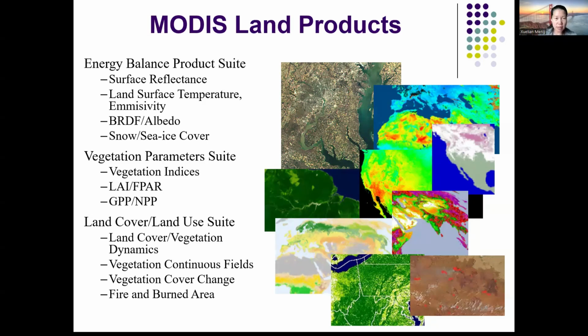The MODIS data set, compared to Landsat, is a very unique data set where they offer a series of products that are semi-processed for the user.